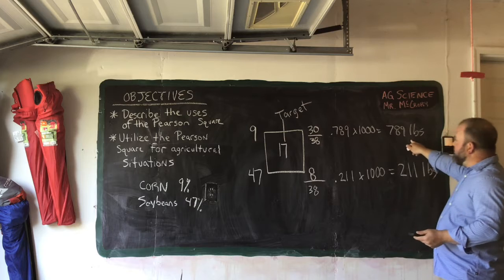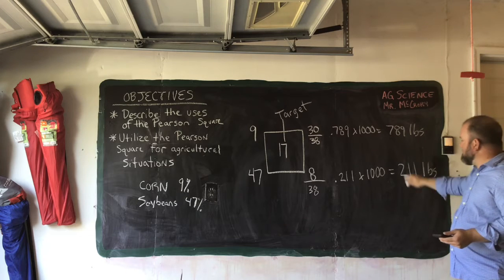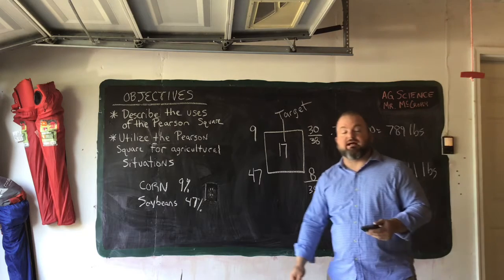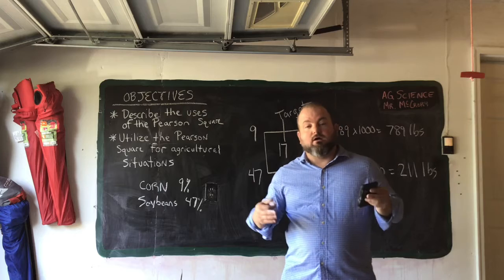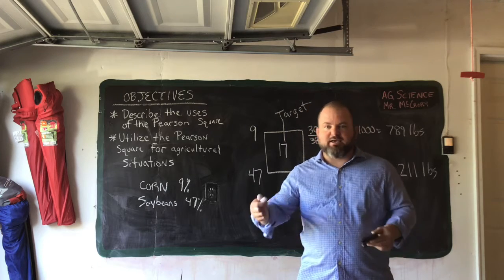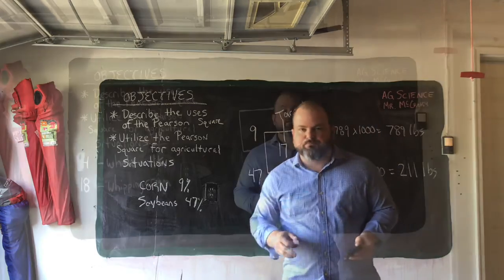Okay, so if you mixed 1,000 pounds, you'll have 789 pounds of corn, 211 pounds of soybeans. That's one way that you can utilize the Pearson square for making your feedstuffs and different types of feed for cats, pigs, sheep, goats, llamas, whatever. Thank you.